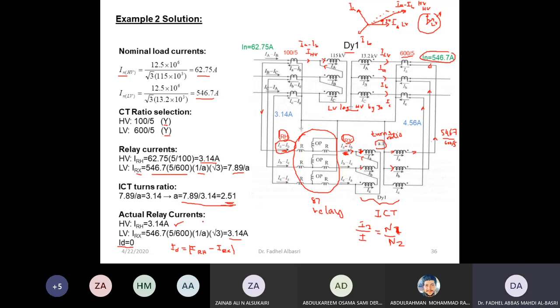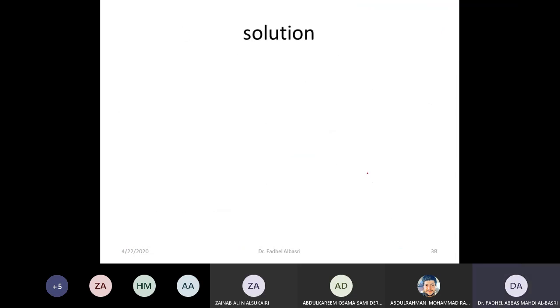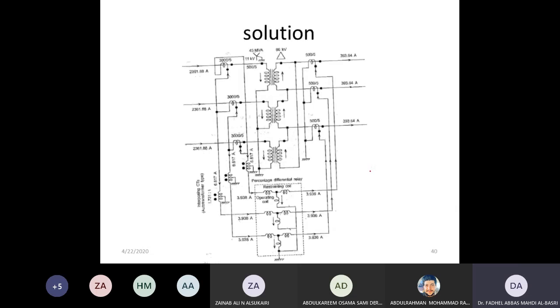I just checked during normal operating conditions that the differential current is very small. Based on the type of relay, with its slope and minimum current, we can check whether it will operate or not. I'll leave this one as an exercise.